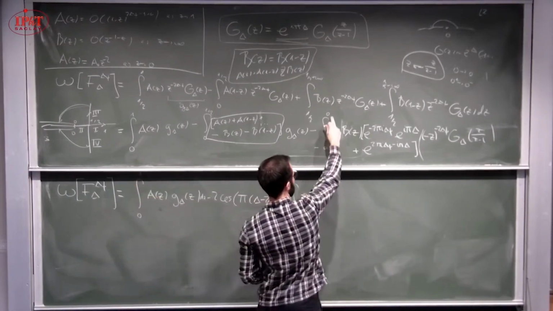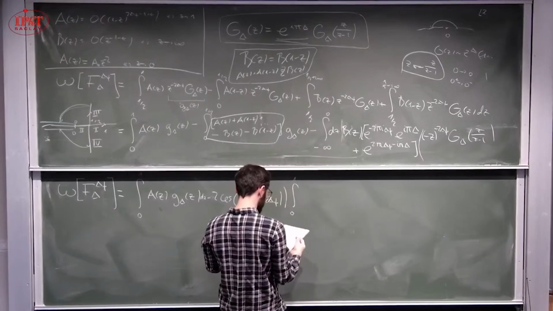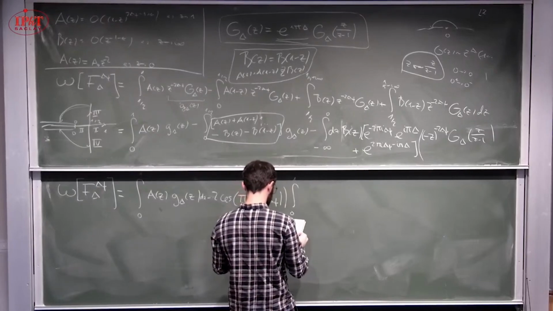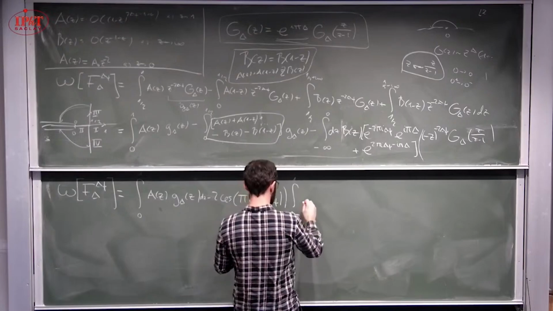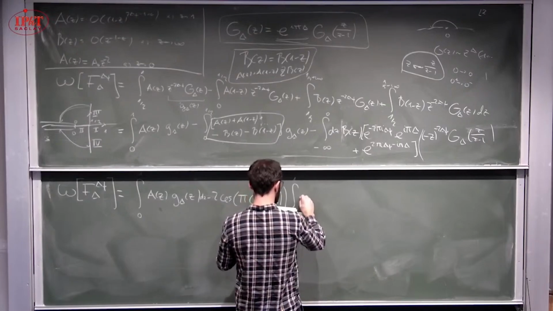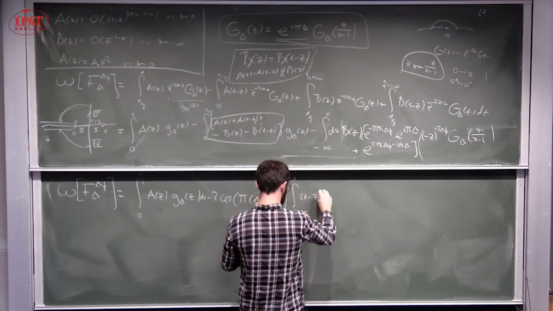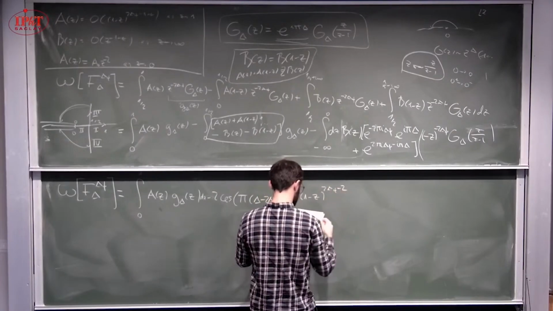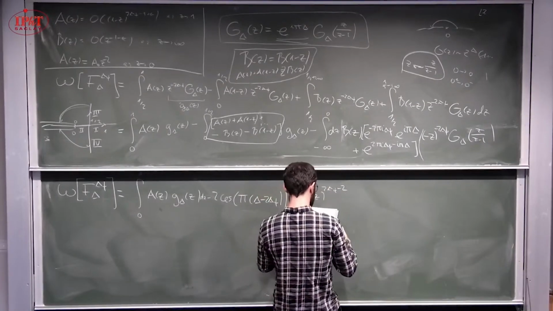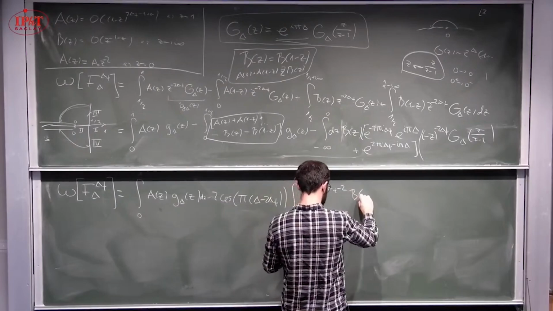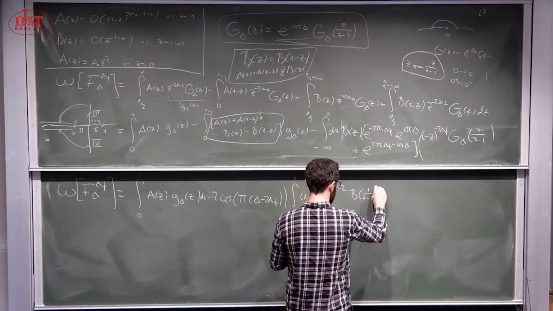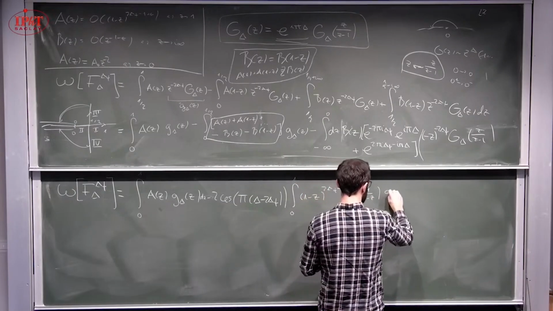If you change variables from z to z over z minus 1, you find the following thing: 1 minus z to the power 2 delta phi minus 2 times b at 1 over 1 minus z times little g.